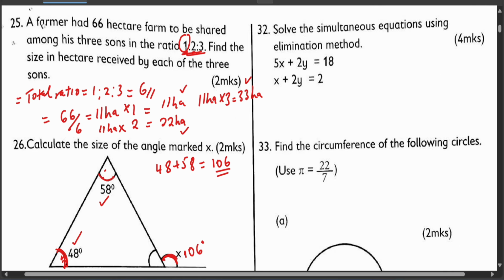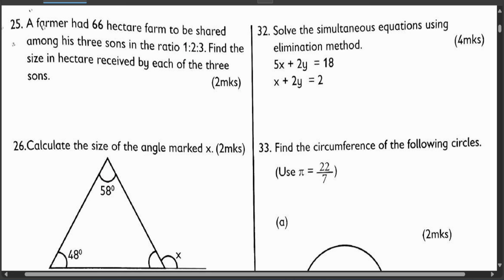Question 32. Solve the simultaneous equations using elimination method. So it's 5x plus 2y equal to 18, and you have x plus 2y equal to 2.